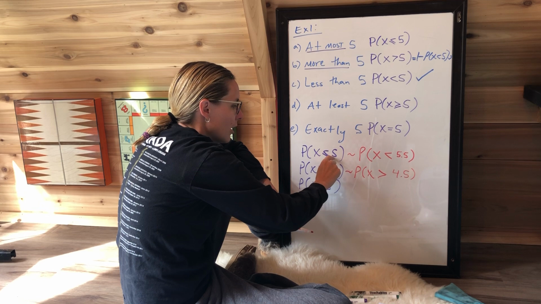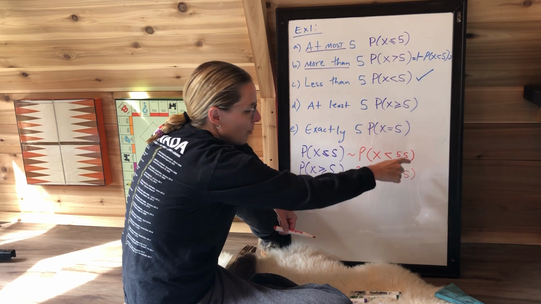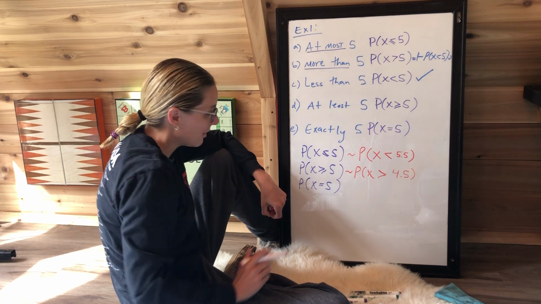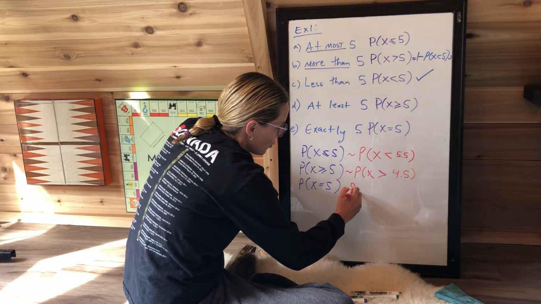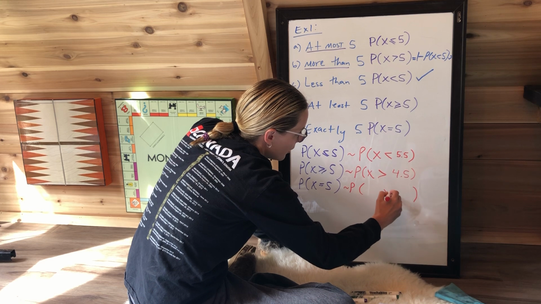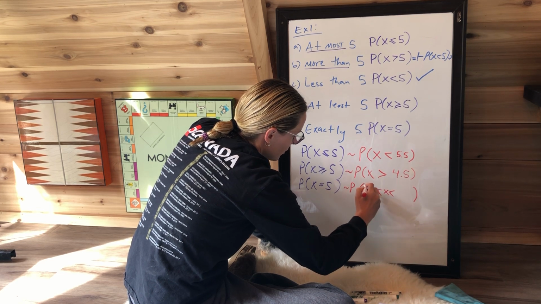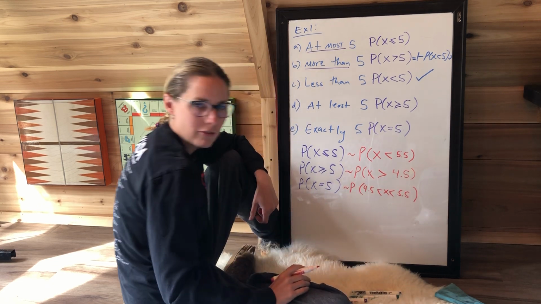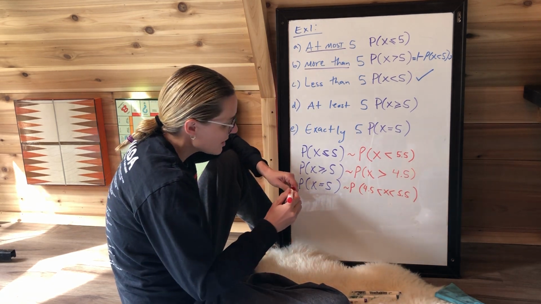If it has to include the 5 and you're going less than, then you have to go above by a half. Now, if it has to be exactly a value, this one you're changing to a range. You're going to go both above and below. So we're going to say exactly 5 is equivalent to between 4.5 and 5.5. Okay, so this is the correction.